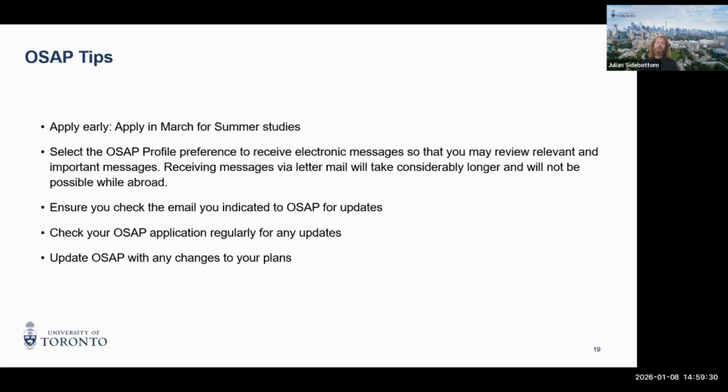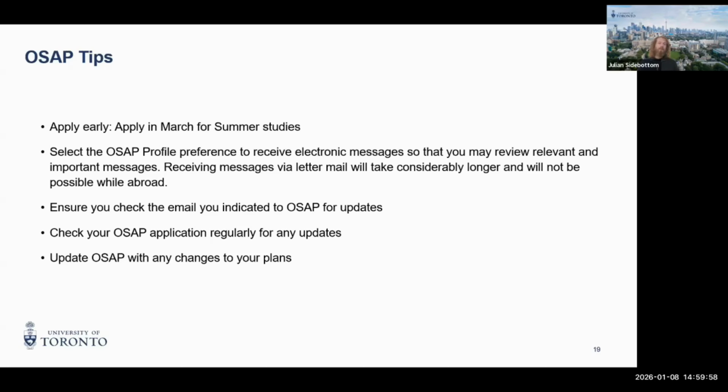Make sure when you're selecting it on your OSAP profile, select to receive electronic messages. Messages received by letter mail will take a lot longer to issue, and it's probably not going to be possible to receive those while abroad. So make sure you select electronic messages, and I'd suggest that, even if you're not going abroad, it's much faster to get the electronic messages.